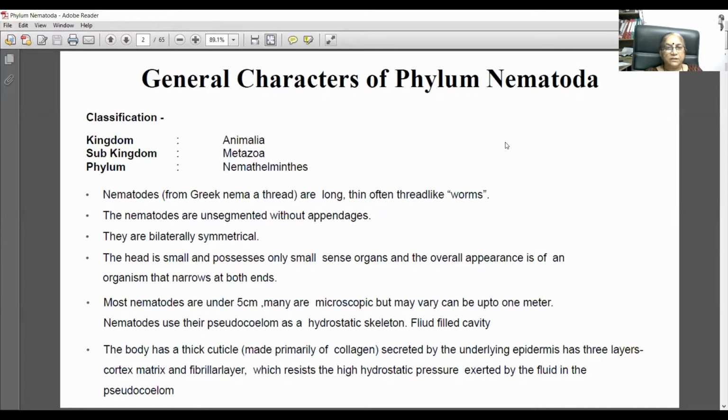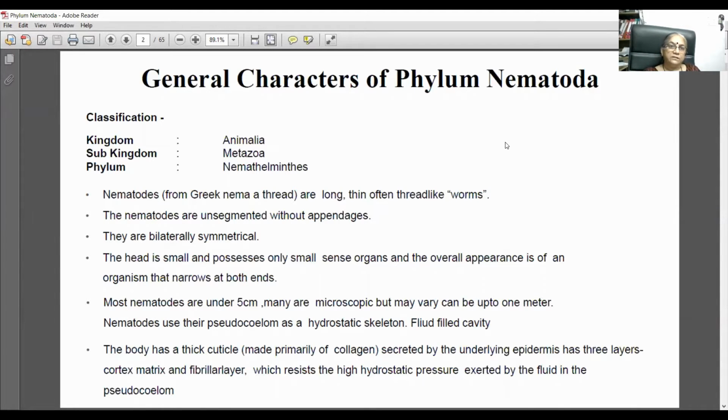All nematodes possess a head, and the head is small. It has a sense organ near the head, and it has a tail.